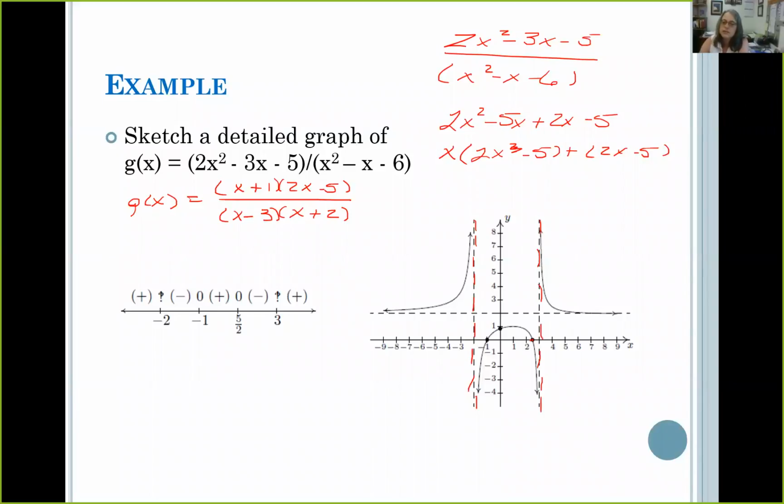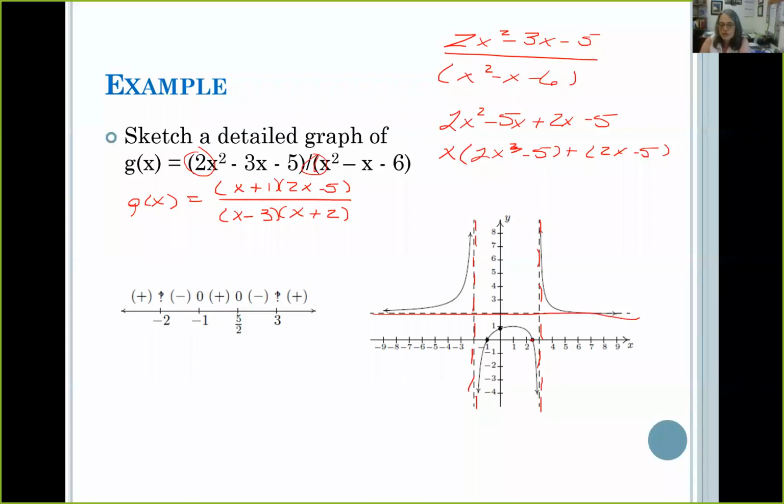Now, for a function with the same degree numerator and denominator, the horizontal asymptote is given by the ratio of the leading coefficients. So in this case, the horizontal asymptote is here at y equals 2.